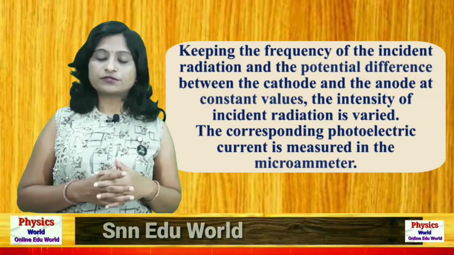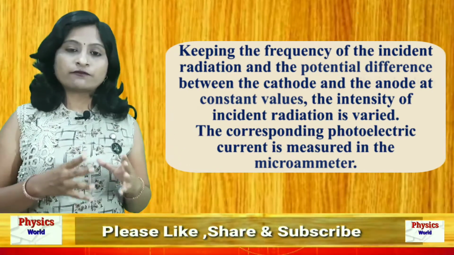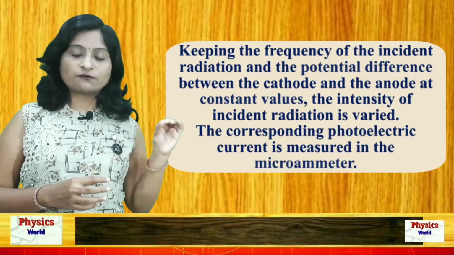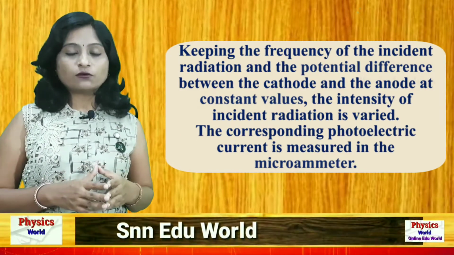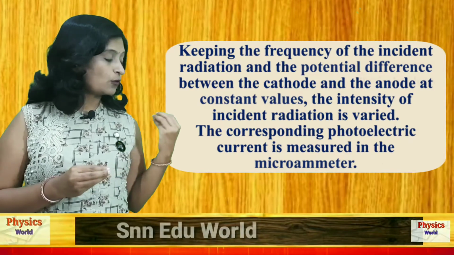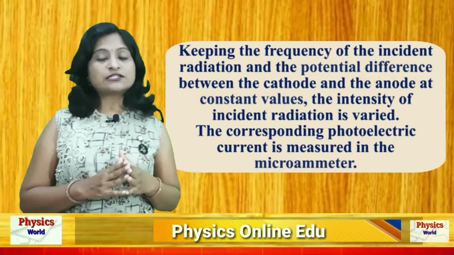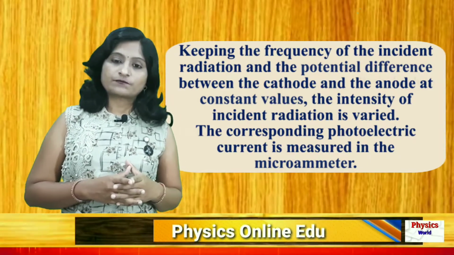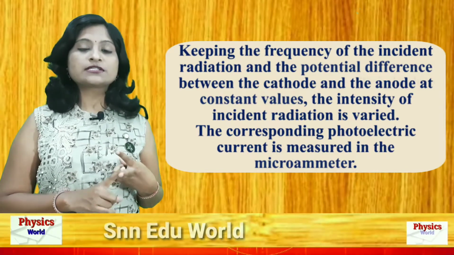We have to observe this effect. For that, first we have to keep the frequency of the incident light constant. Then the potential difference between the plates, cathode and anode, we have to keep constant. These two quantities, frequency and potential difference, remain constant.